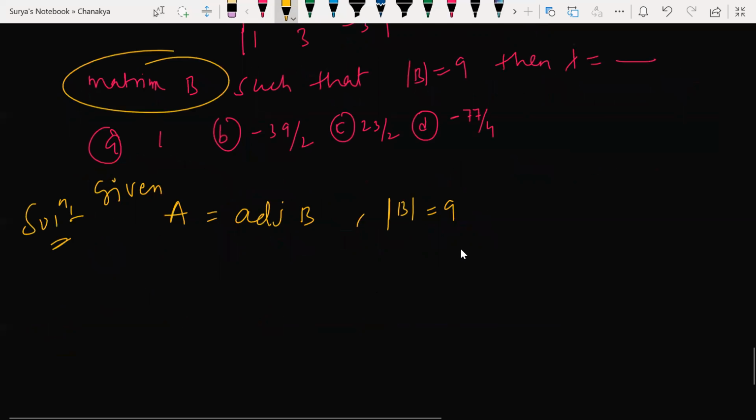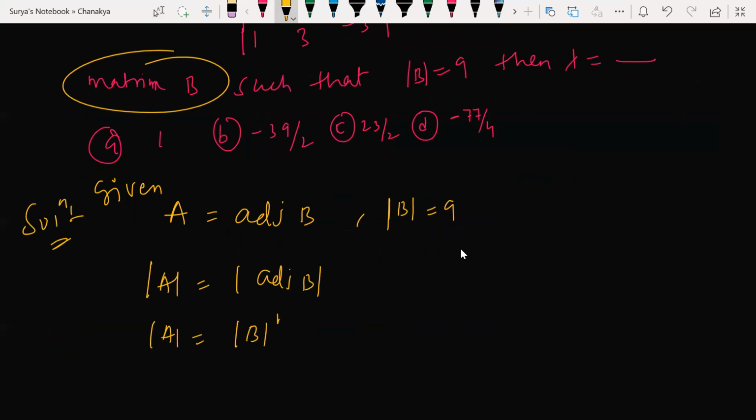So what we have to do here, let's take determinant on both sides. Determinant of A equals determinant of adjoint B. Determinant of adjoint B can be written as determinant of B to the power of n minus 1. What is n? N is the order of the matrix, which is 3. So 3 minus 1. The formula I'm writing again: determinant of adjoint A is determinant of A to the power of n minus 1.